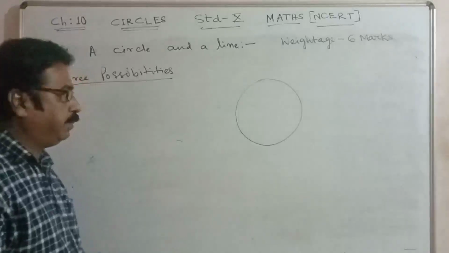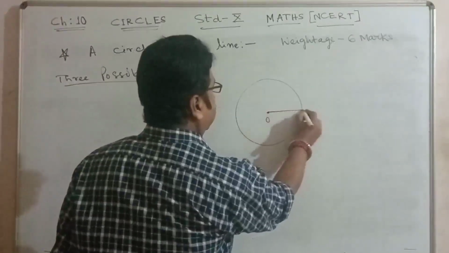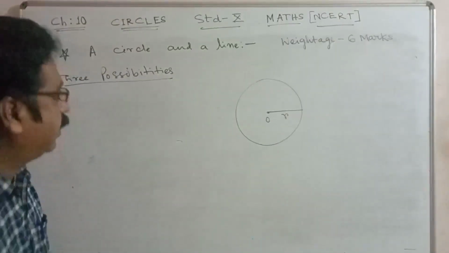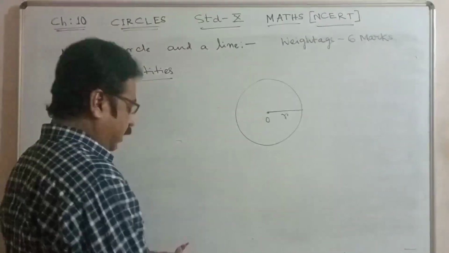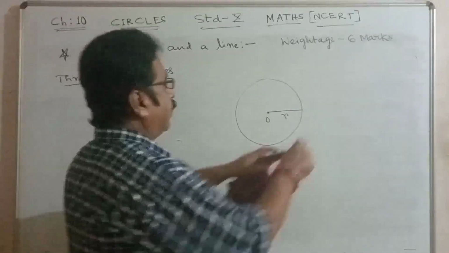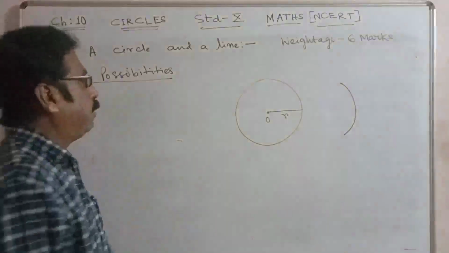Suppose this is a circle, its center is O and radius is R. If we take some part of this circle, suppose this much part we have taken.